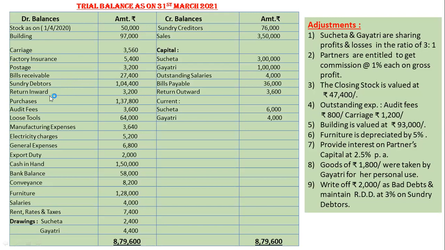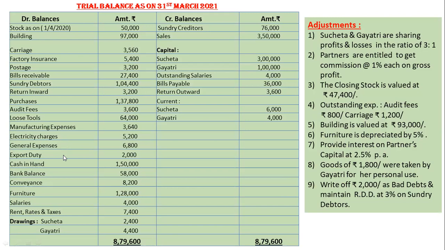Return inwards, to be deducted from sales. Purchases, trading account, debit side. Audit fees, profit and loss account, debit side. Loose tools, balance sheet, asset side. Manufacturing expenses, trading account, debit side. Electricity charges, profit and loss account, debit side. General expenses, profit and loss account, debit side.